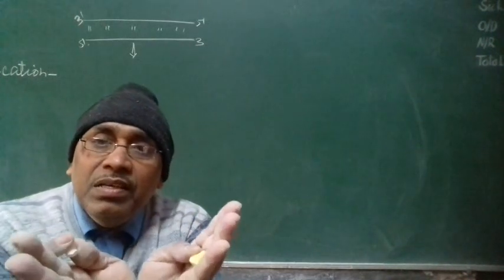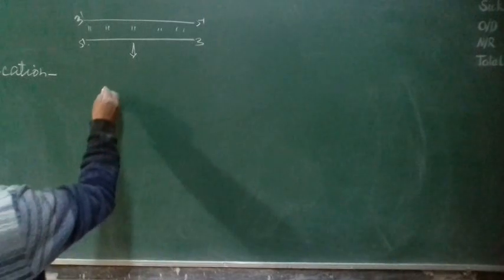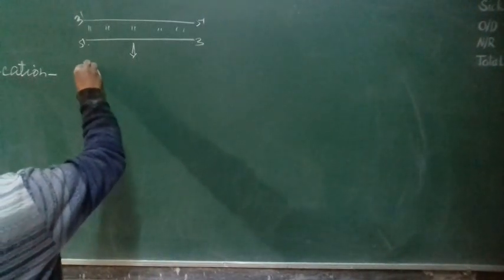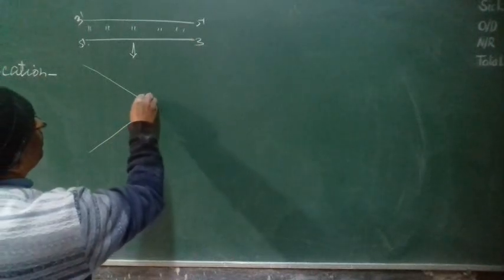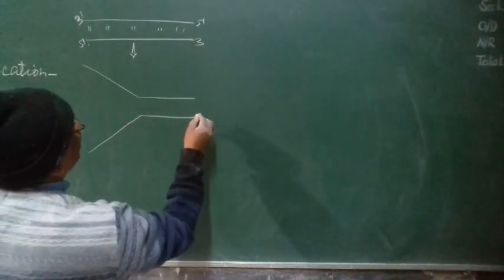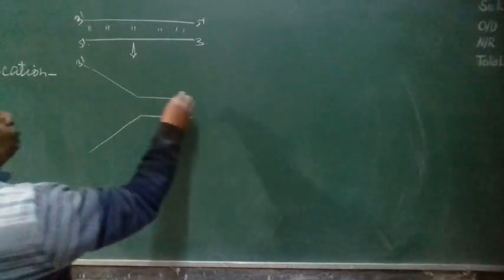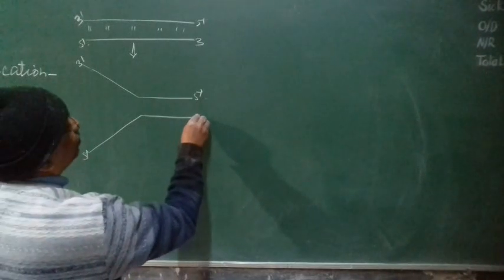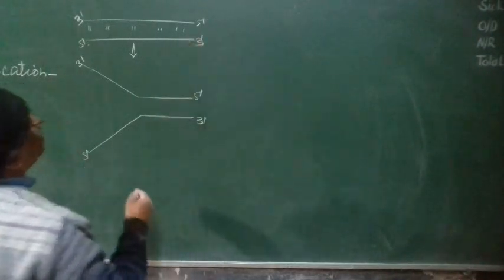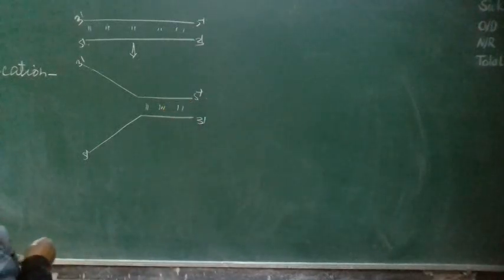The helix opens in such a way as to form the replication fork. So ultimately it forms like this, a replication fork. Here 3' to 5' direction, here 5' to 3' direction. The replication fork will appear.